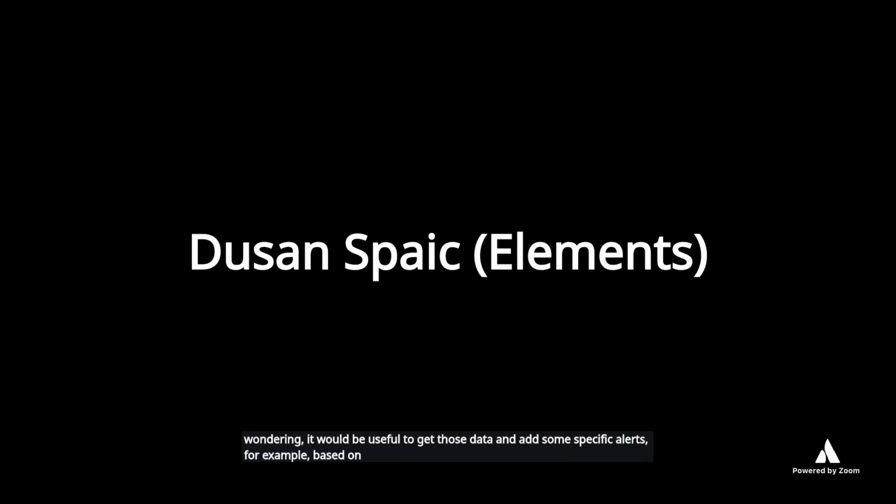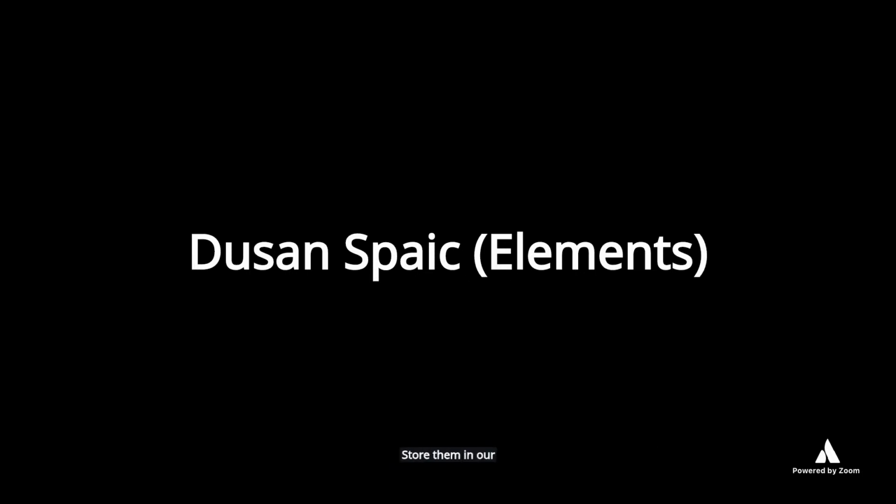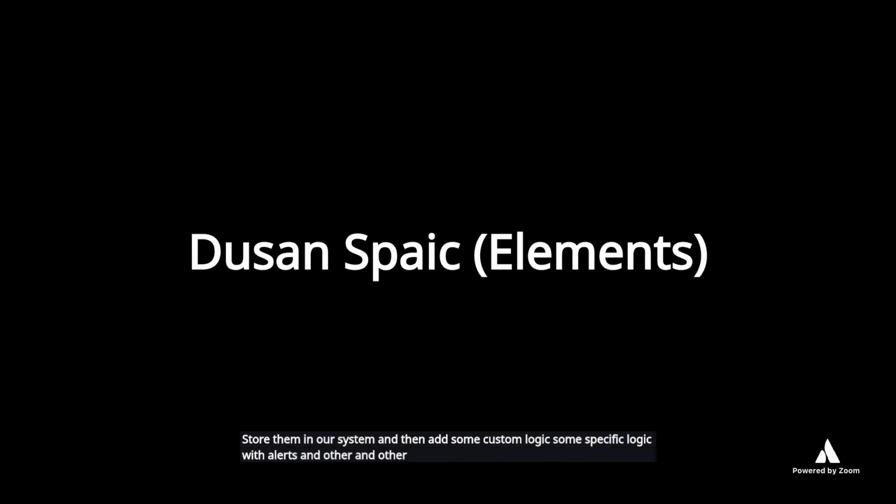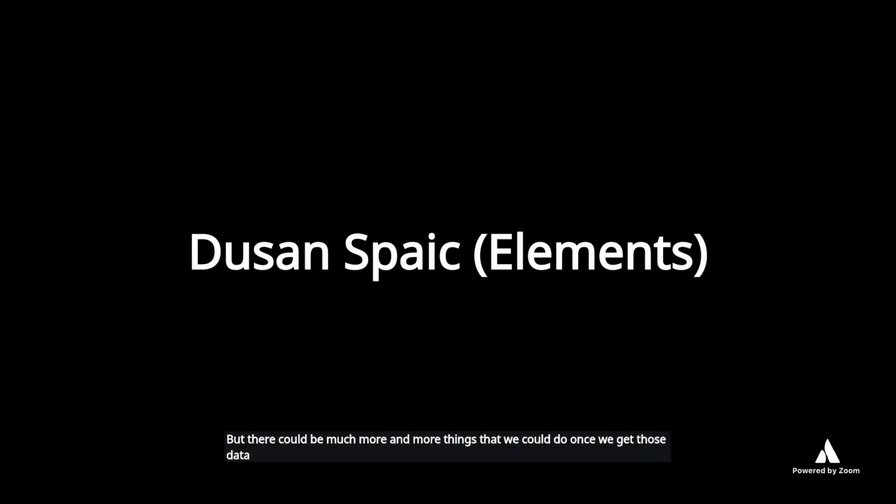I would be interested to use that GraphQL to get the data, store it in our system, and then add some custom logic with alerts and other things. There could be much more things we could do once we get that data in our systems.